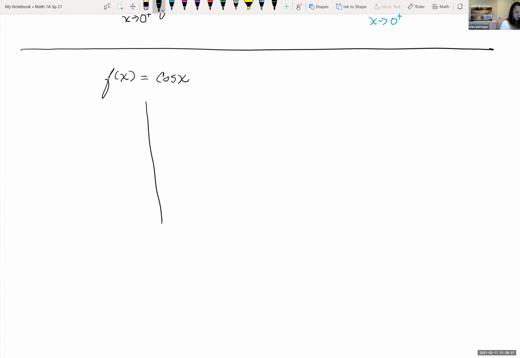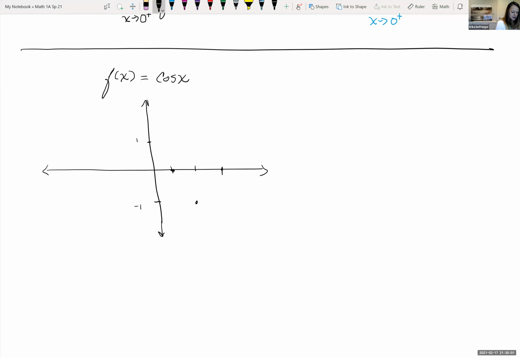If you remember what the graph of cosine of x looks like, it's just a wave. When x was 0, cosine started at 1. At pi halves, we got down to 0. At pi, we had -1. At 3 pi halves, back up to 0.